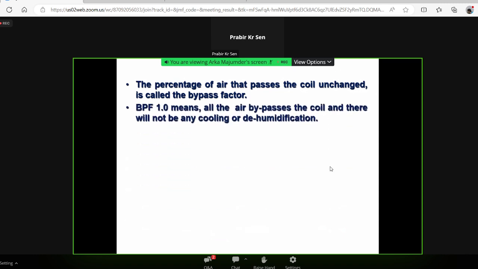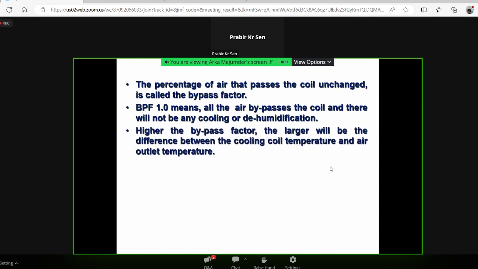If bypass factor is 1, that is 100% air is bypassed. That means all the air bypasses the coil and there will not be any cooling or any dehumidification in the cooling coil. So bypass factor 1 means horrible, unacceptable. Next.